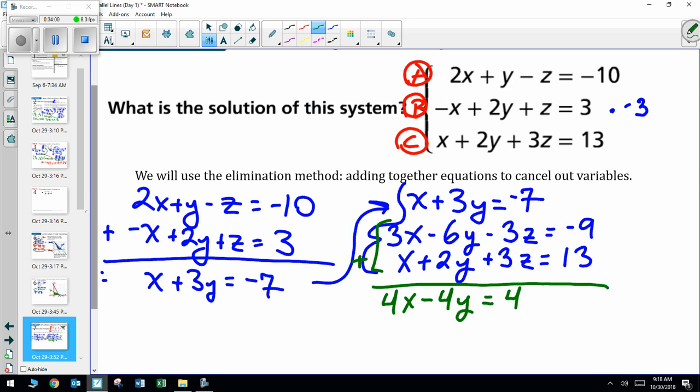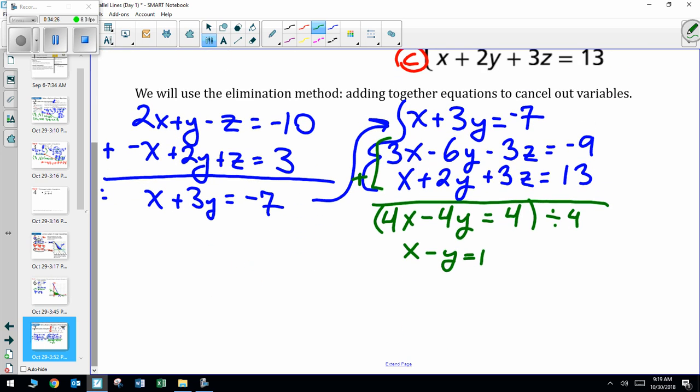Okay. Can't you all divide by 4? So yes, I could divide everything here by 4. And you could simplify that way. You could say everything divided by 4 gives me x minus y equals 1.